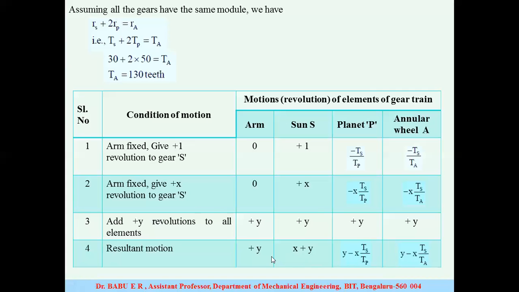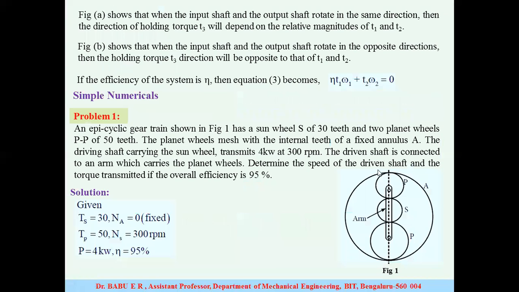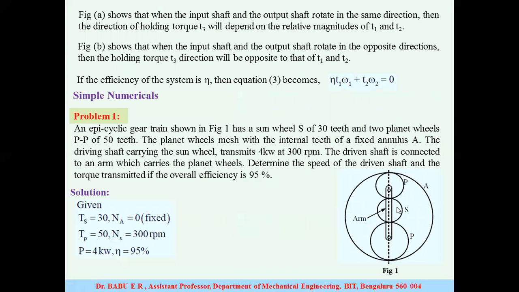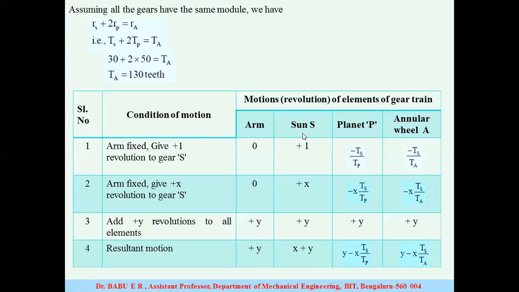Now tabulate the table. Draw the table with the condition of motion and the revolutions of the elements of the gear train. First write down the arm, RM. Then the gears: sun gear S, planet gear P, and annular wheel A. Now RM is fixed.